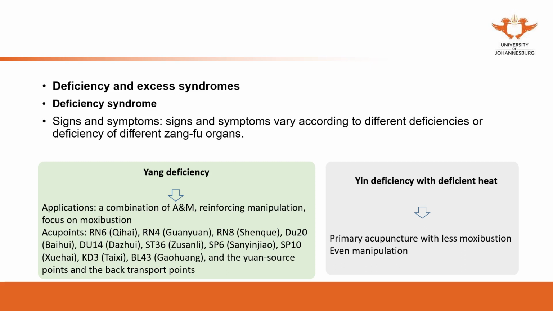The increasing we call reinforcing. So the treatment principle for deficiency mainly focuses on reinforcing. Depending on yin deficiency or yang deficiency, we will reinforce yin or yang. However, these two categories have different pathogenesis behind them, so we use different methods.